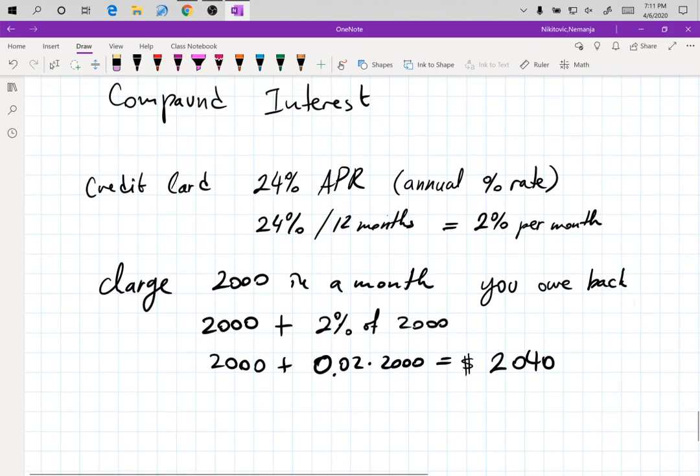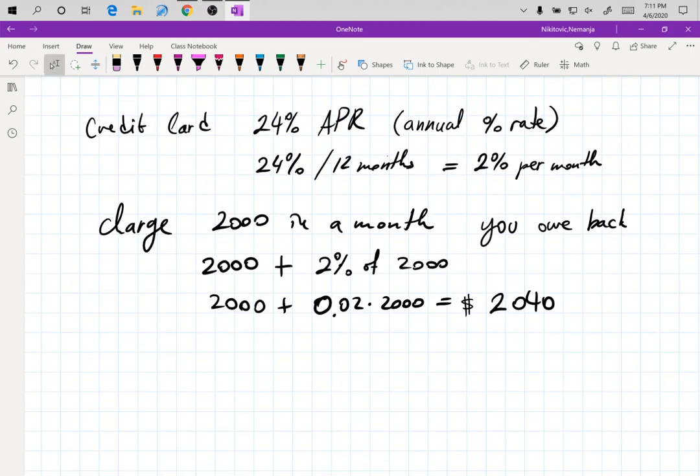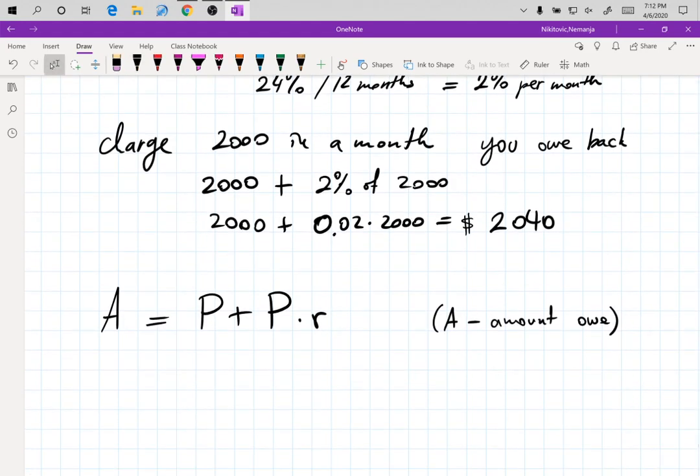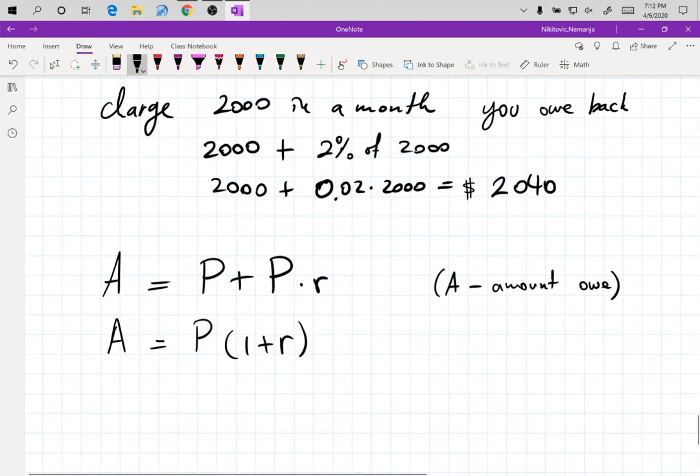All right. So now we see that the amount is equal to principal plus principal times the percent rate. So A is the amount that you owe, right? And you can factor out the principal and you get 1 plus R. Now, this is what you have going into the next month, let's say.